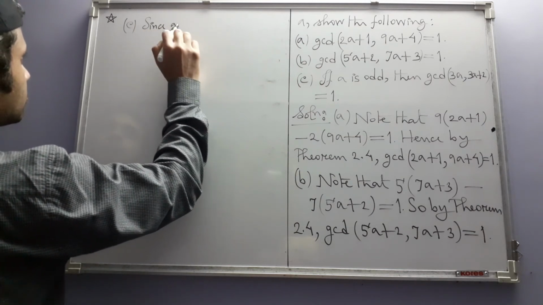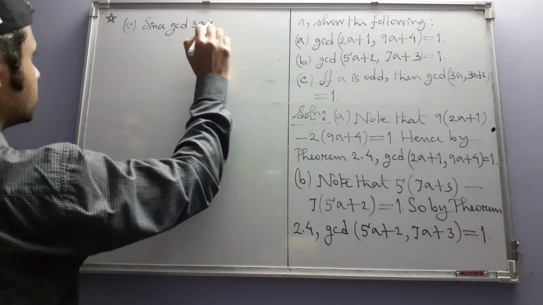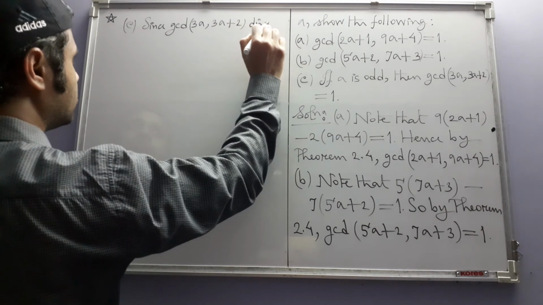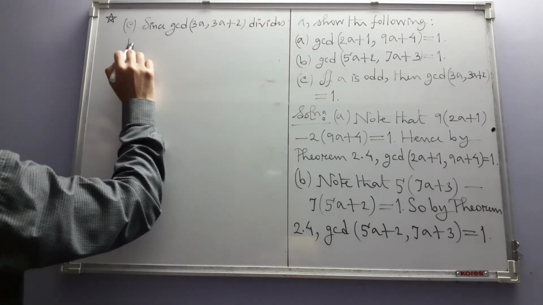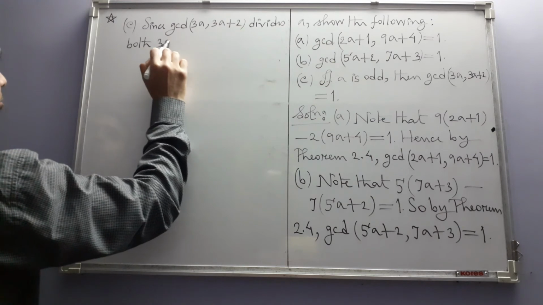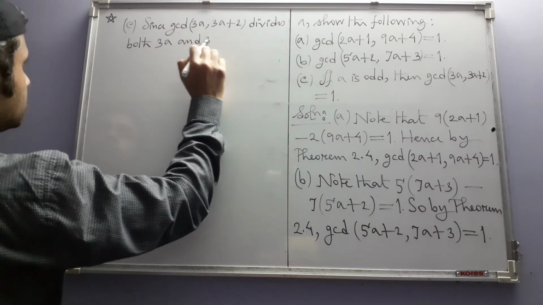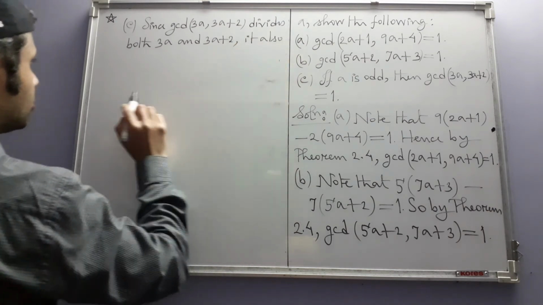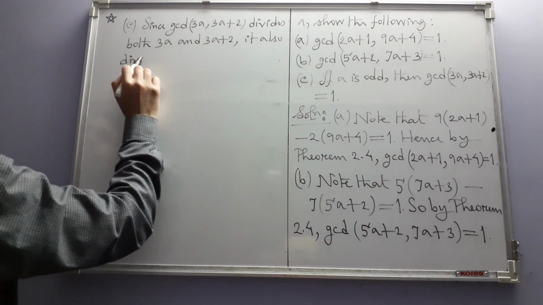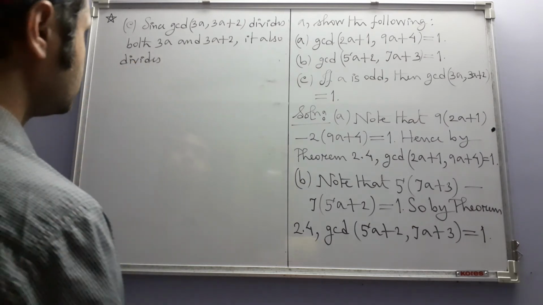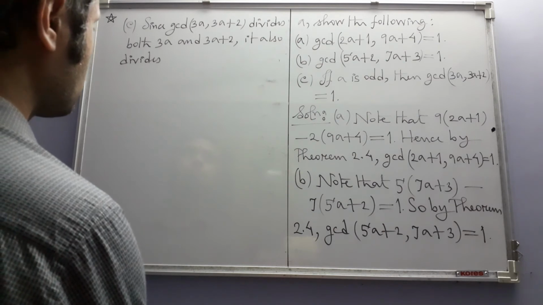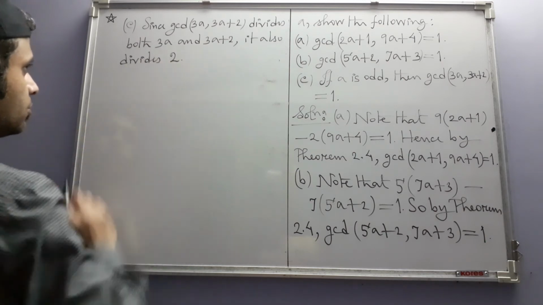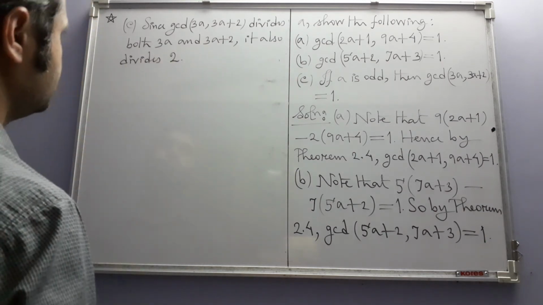Since the GCD of 3a and 3a plus 2 divides both 3a and 3a plus 2, it also divides 2.